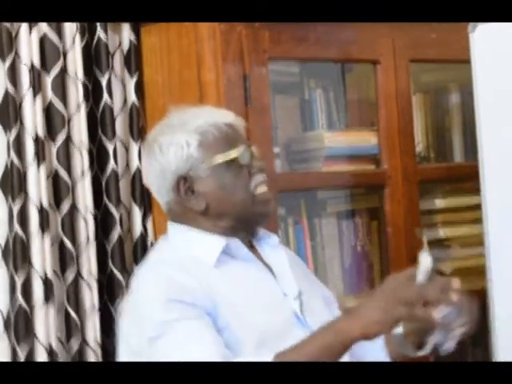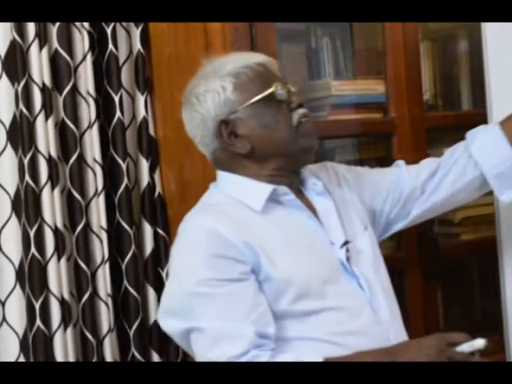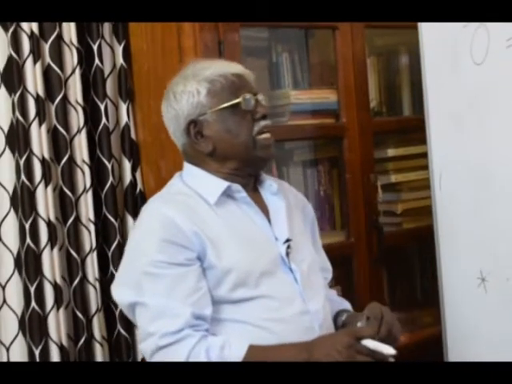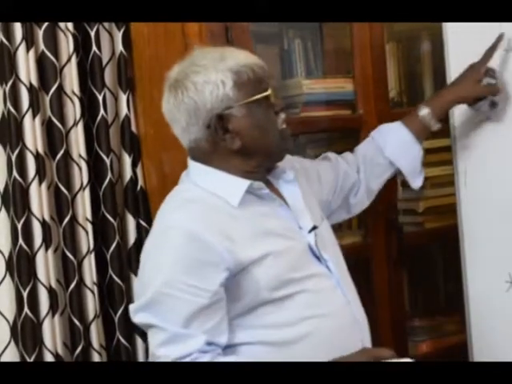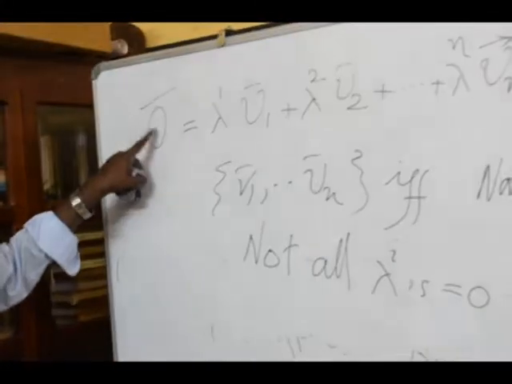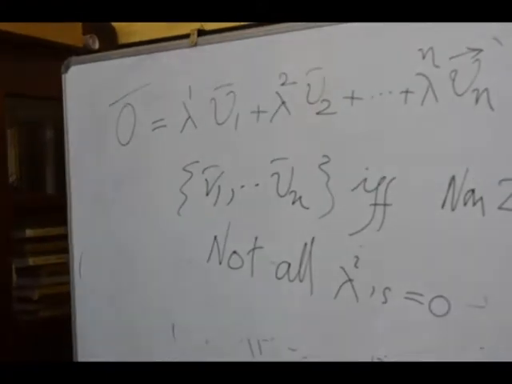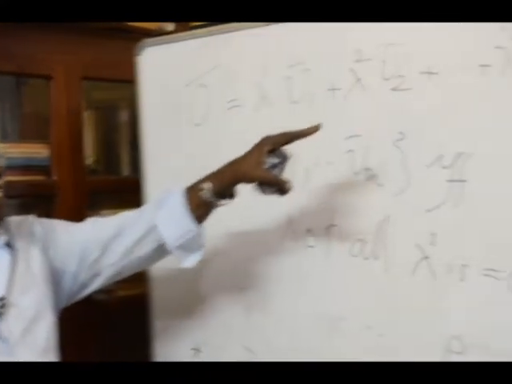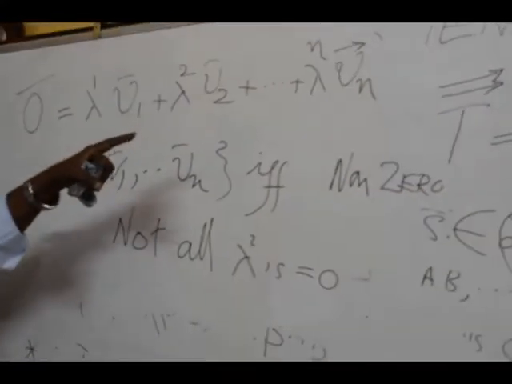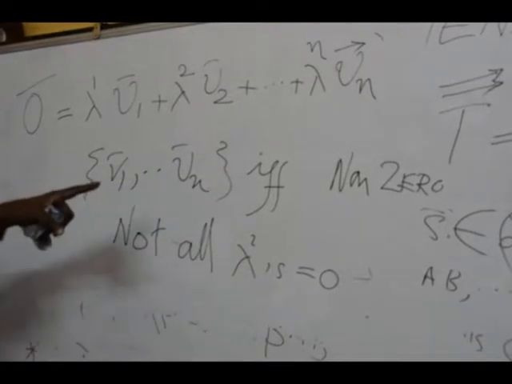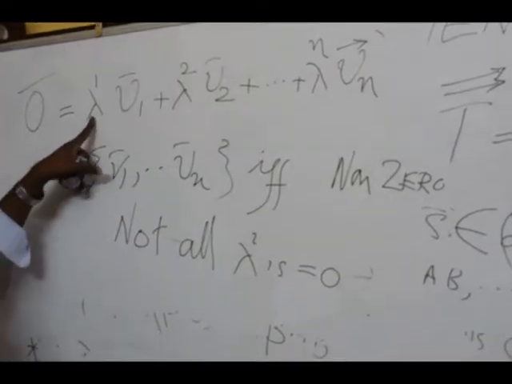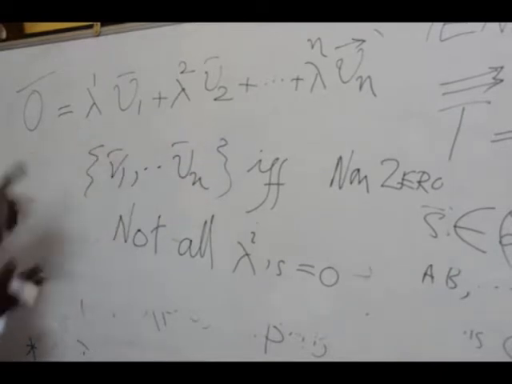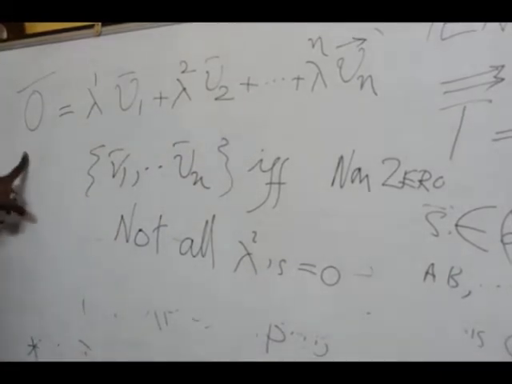And if not all lambda i's are 0, then this set of vectors is said to be linearly dependent. What I have put here as vector A should be 0. I constructed a zero vector out of n non-zero vectors by constructing lambda 1 v1 etc. and adding, and I got the zero vector.